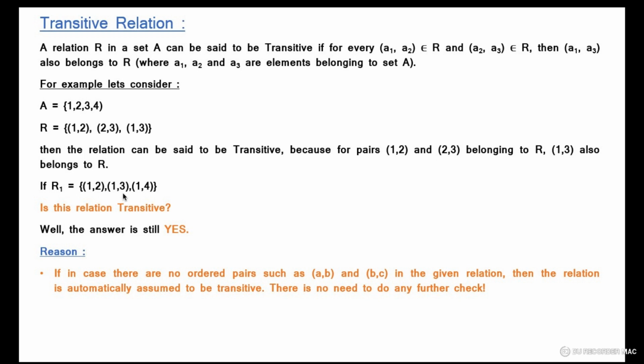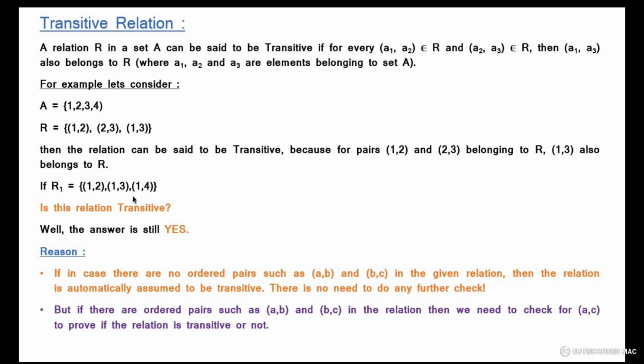You can't find any ordered pair in that form. So in that case, if you're not able to find any ordered pair such as (a, b) and (b, c) in a given relation, then you can say that the relation is transitive. You don't have to do any other further check. But there is a but also.